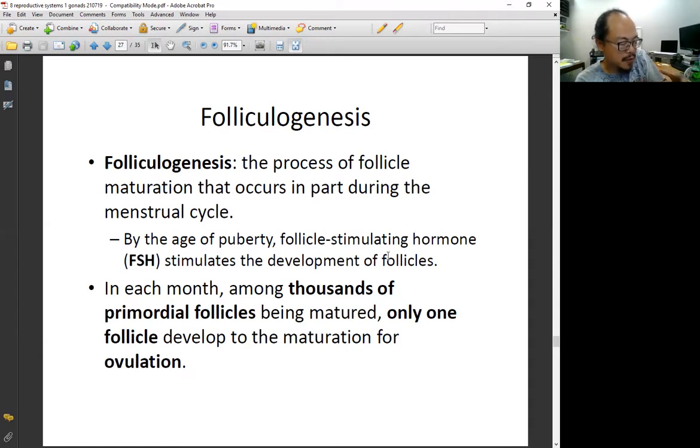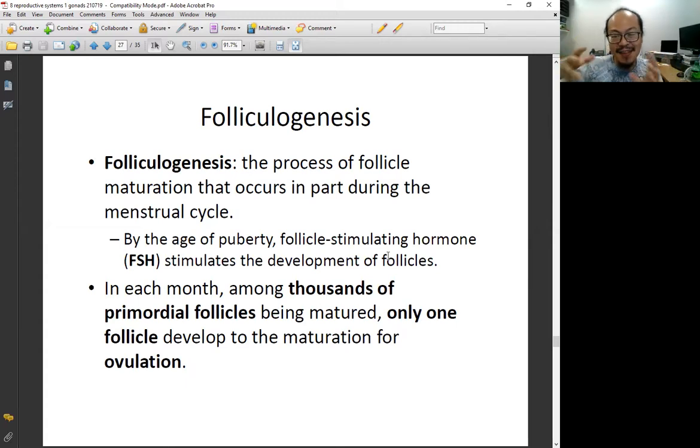So we mentioned the meiotic arrest, and then nothing will happen between birth and puberty. After the age of puberty, the FSH and LH will stimulate the follicle development, and the follicle gets reminded that, okay, we still need to keep this oocyte developing, right?